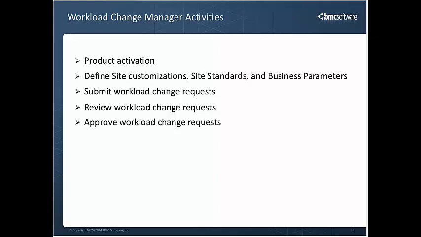So please check with your BMC sales representative to make sure that you are licensed for Workload Change Manager. Once you have validated that you have a license, you can go to our EPD site, download the activation scripts, and execute them on the Control-M Enterprise Manager server to activate the product and start using it.